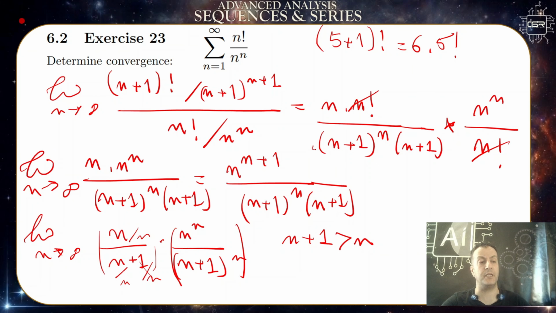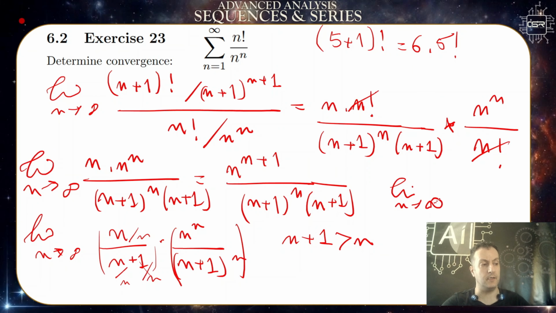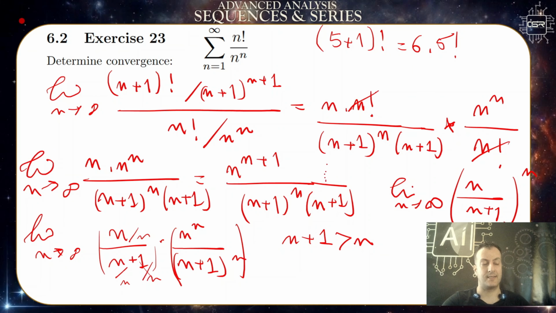And by the way, it can be rewritten as the limit as n approaches infinity of n divided by n plus 1, to the power of n. As n approaches infinity, this entire quotient approaches 0. To the power of n, it decays even more quickly, given that this value here is less than 1. So anything less than 1 raised to the power of n decays to 0.